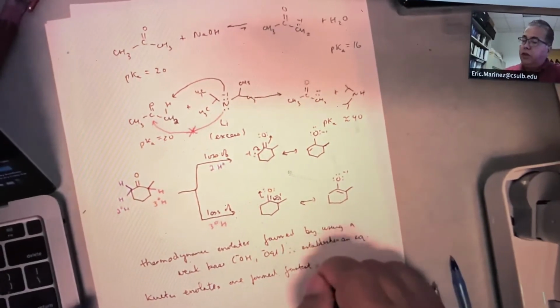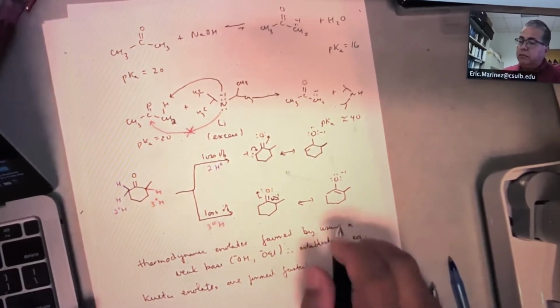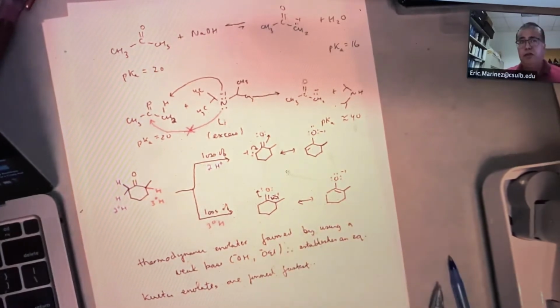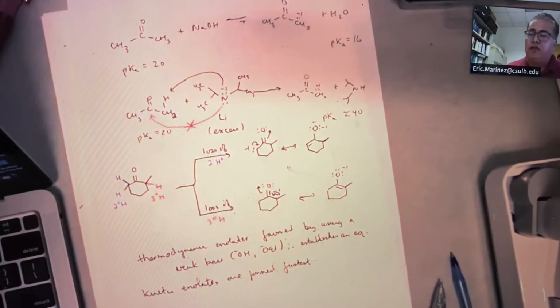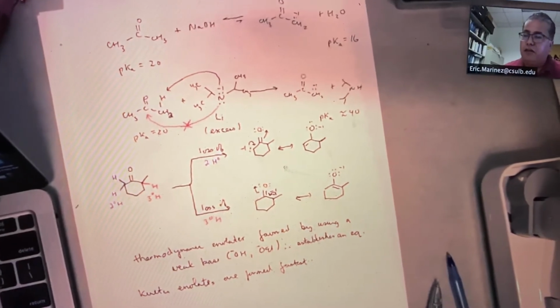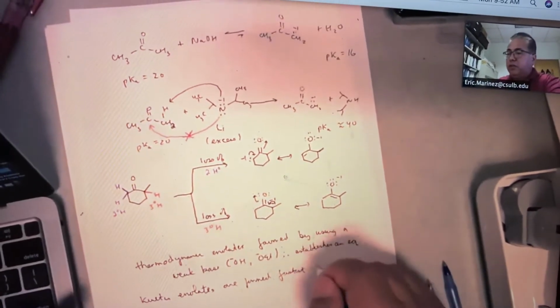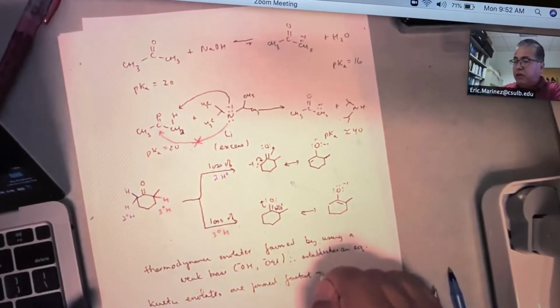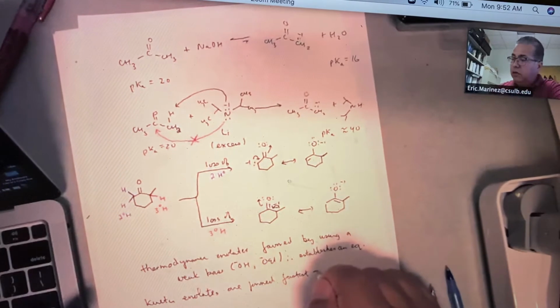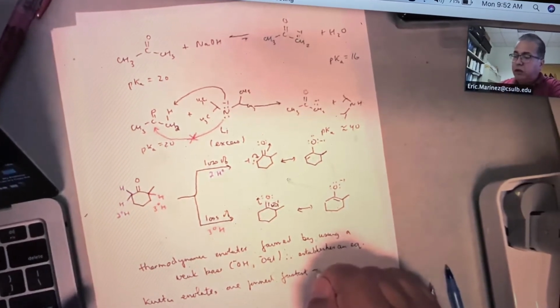And so one of the things we find is, whenever you say kinetics, we think about something going faster. So kinetic enolates are formed fastest, and usually this means that we are using aldehyde as our base. So I'm going to say aldehyde favors this one.